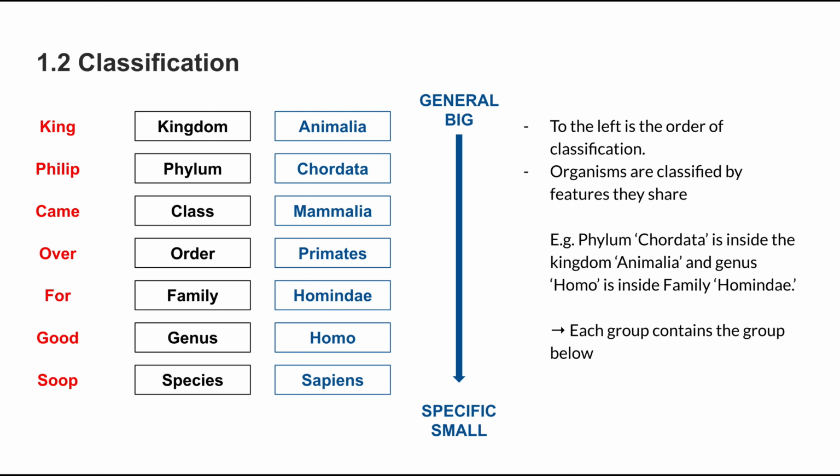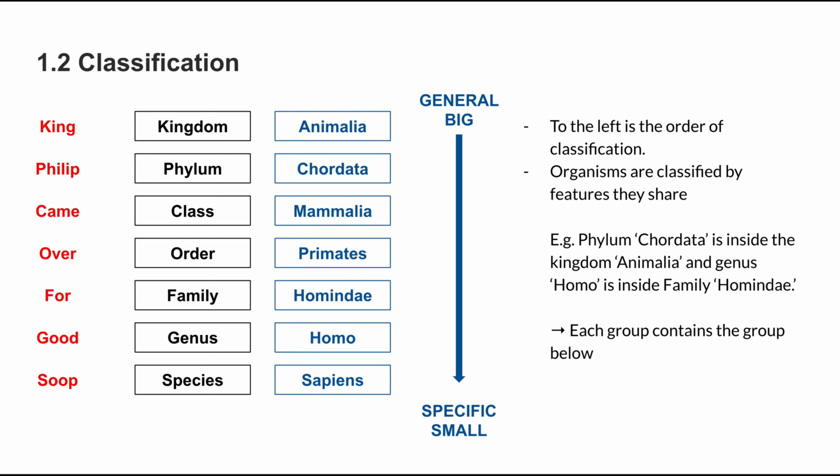For example, humans are in kingdom Animalia because we're animals, phylum Chordata because we have chords, and class Mammalia because we're mammals. Inside Mammalia, more specifically, we're primates, in family Hominidae, genus Homo, and finally species sapiens. This is the order of classification, and organisms are classified by features they share.